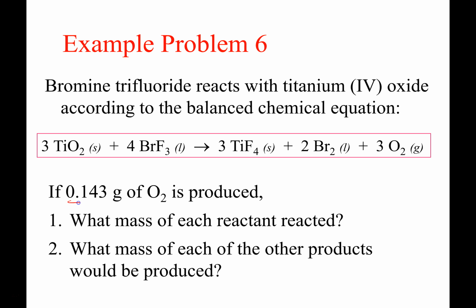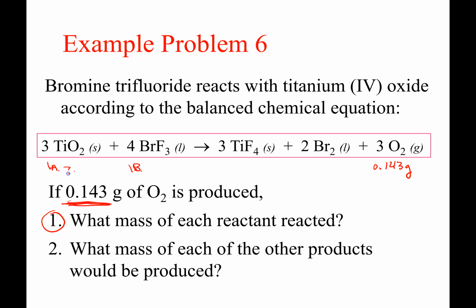Notice in this case, they are giving us the mass of a product, O2, so I'm going to put 0.143 grams under my O2. And you can work together if you want to. The first question, 1, is what mass of each reactant must have reacted to form that amount of product? So I'm going to put this as 1A, and this is going to be 1B.